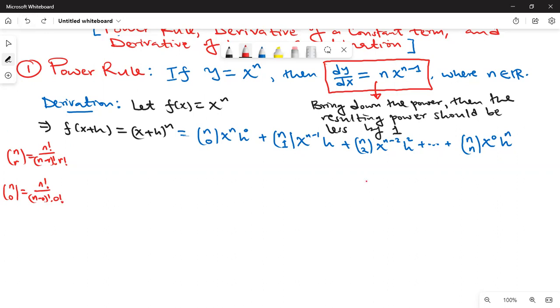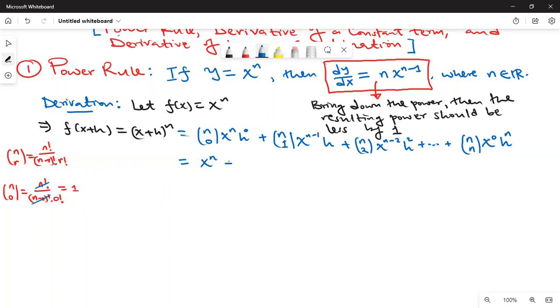Also 1 factorial is 1. So the answer here should give us 1, because the n factorial will cancel with this n factorial, and you know 0 factorial is 1. So instead of n combination 0, we are going to write 1 times x raised to n times h raised to 0. So the first term is simply x raised to n.